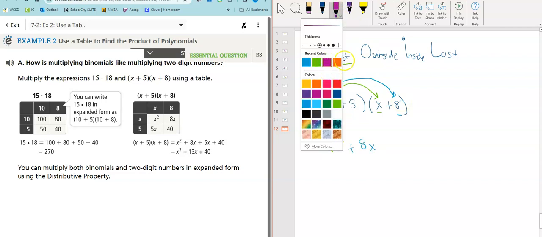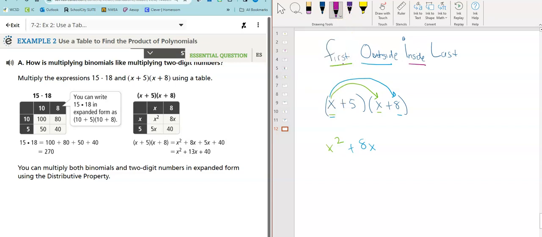Then I'm going to go ahead and take my inside. Oh, I should have underlined here. This one. Okay, inside is going to be purple. Inside is just the numbers that are inside the middle of my multiplication problem right here. So I'm going to do 5 times x, plus 5x. And then I'm going to do last.